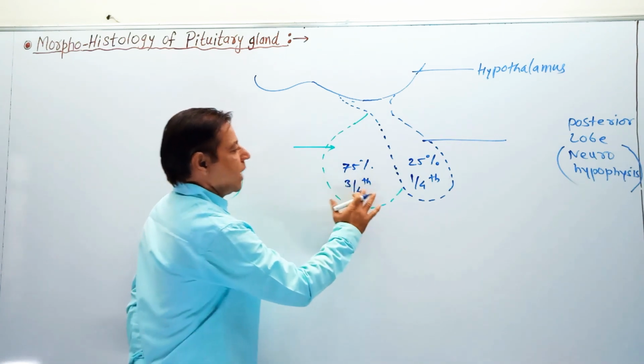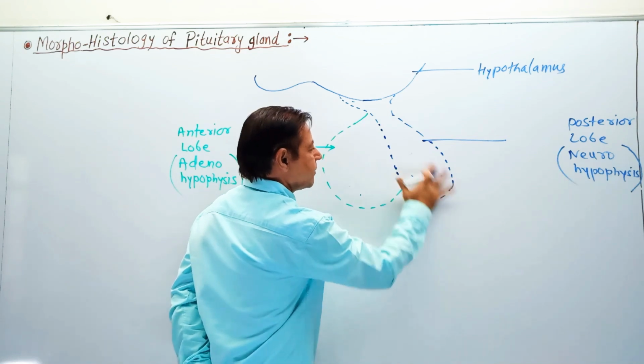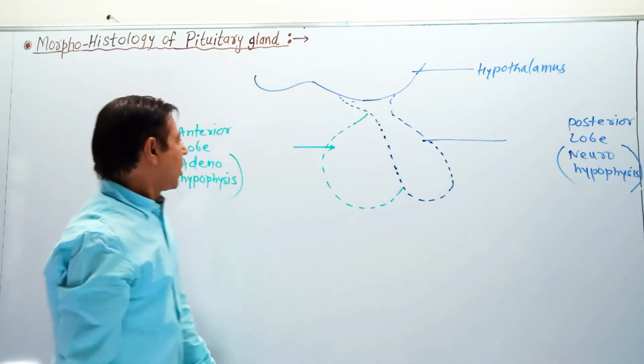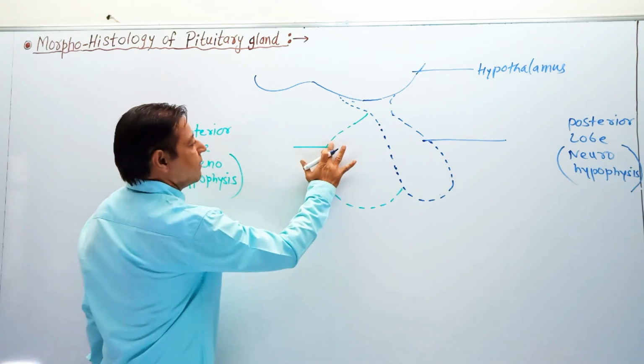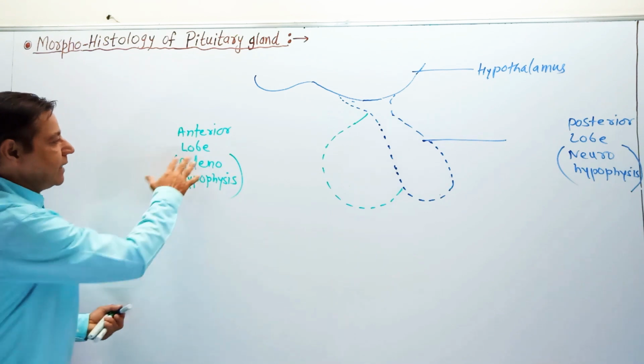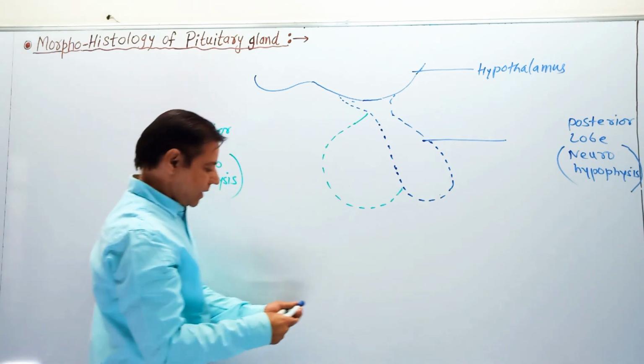Okay. Now, here anterior lobe of pituitary having 3 parts. This anterior lobe means adenohypophysis having 3 parts.